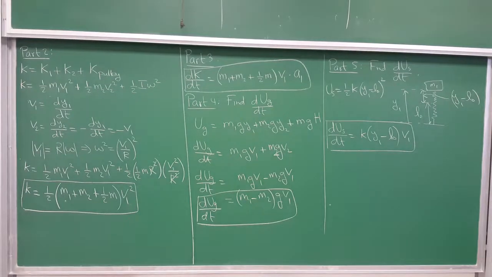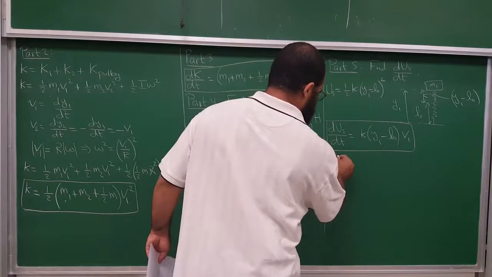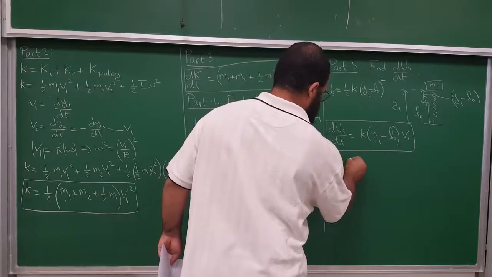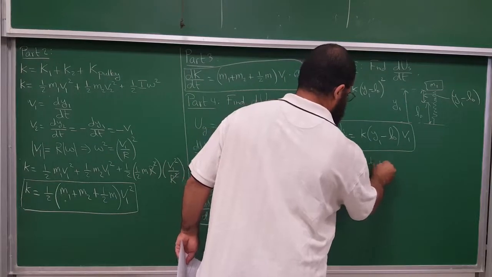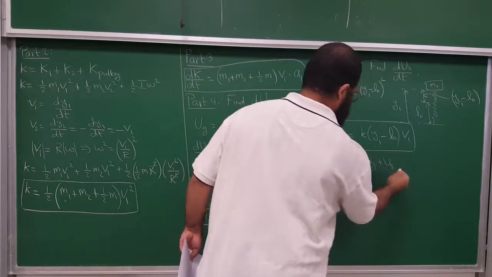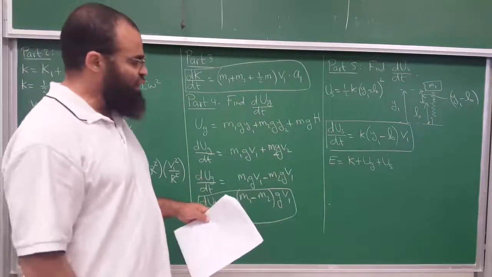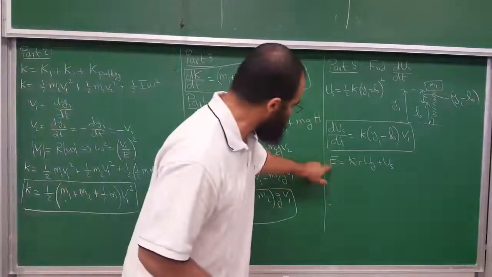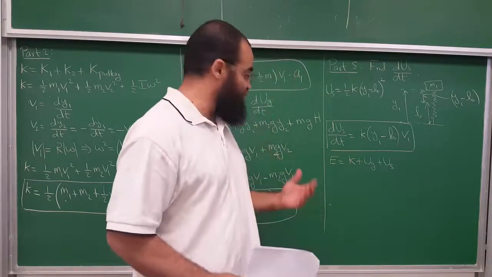All right. So we will go to the next question. The next question says, use the fact that, first of all, we know that the total mechanical energy will be the total kinetic energy plus the total gravitational potential energy plus the total elastic energy for the spring. Since there is no friction, we know that this has to be constant. So the derivative of E with respect to t has to be 0.